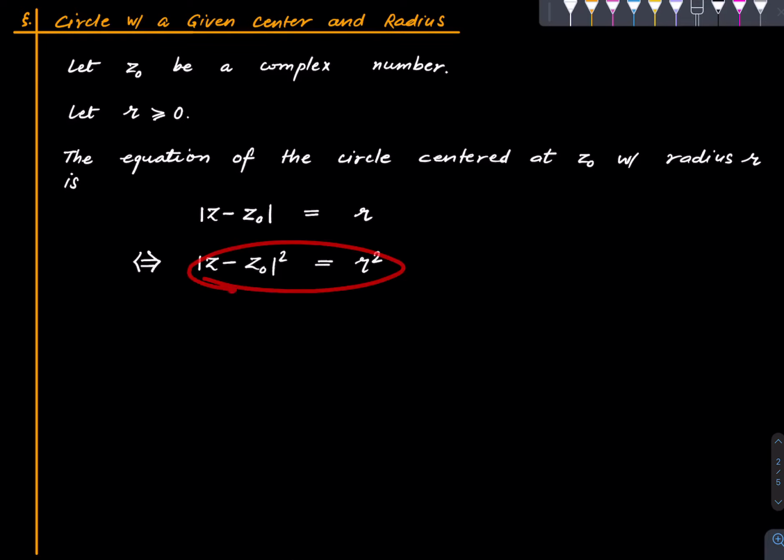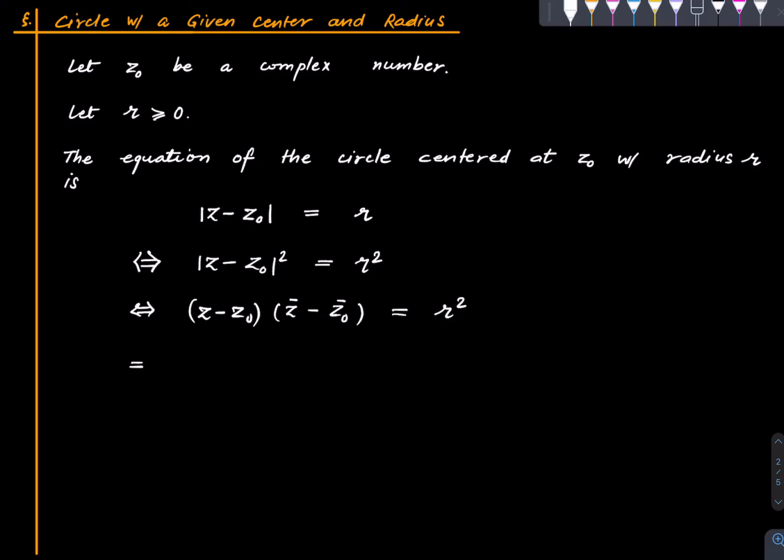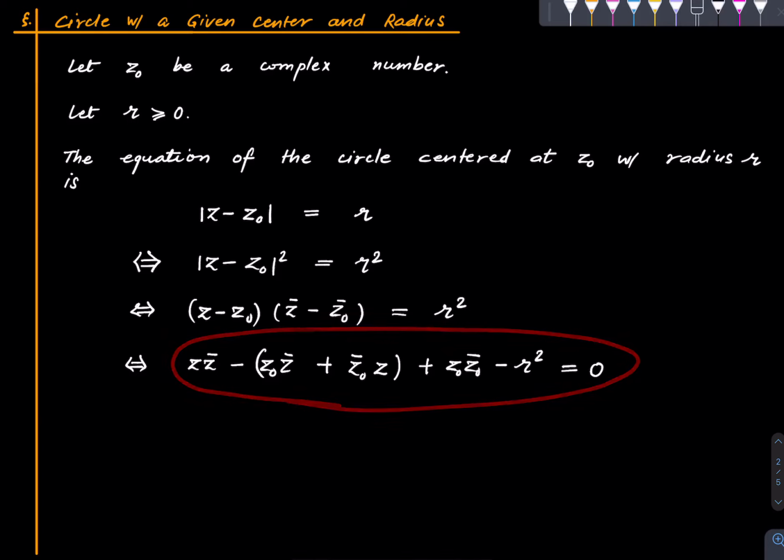So if z satisfies this, then it satisfies that, and if it satisfies this, then it satisfies that, which is equivalent to saying (z - z0)(z bar - z0 bar) = r squared, which is equivalent to z z bar - (z0 bar z + z0 z bar) + |z0|^2 - r squared = 0. Just some basic algebra. So that is the equation of the circle centered at z0 with radius r. Great.